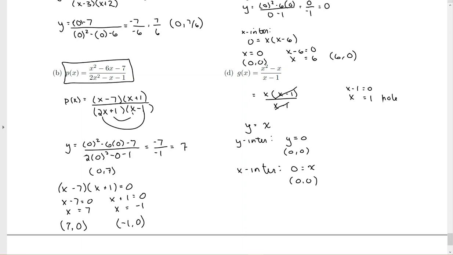So the x and y-intercept are both at (0, 0). If I hadn't done that, and I set the numerator totally equal to 0, I would have said x minus 1 equals 0 or x equals 1 is an x-intercept. But remember, it can't be an x-intercept because that's where you had a hole. That was a factor that canceled out. So you can't have a hole and an x-intercept at the same time.